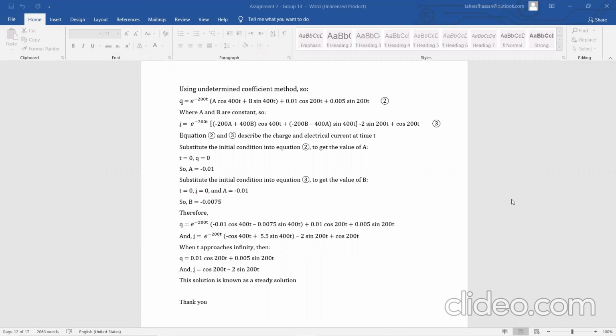And then substitute the initial condition t equals 0 and I equals 0 and A equals negative 0.01 into equation 3 to get the value of B, which is negative 0.0075. Therefore, these are the equations of Q and I when t approaches infinity. And finally, Q equals 0.01 cosine 200t plus 0.005 sine 200t, and I equals cosine 200t minus 2 sine 200t. This solution is known as a steady solution.